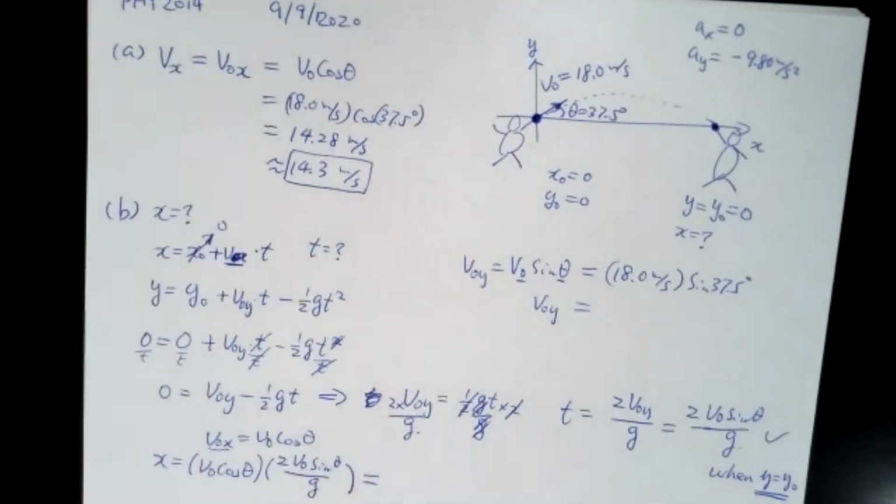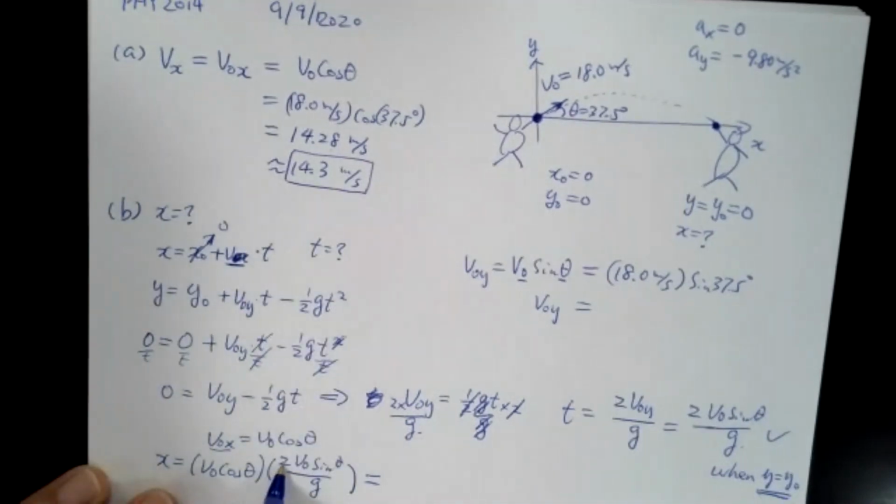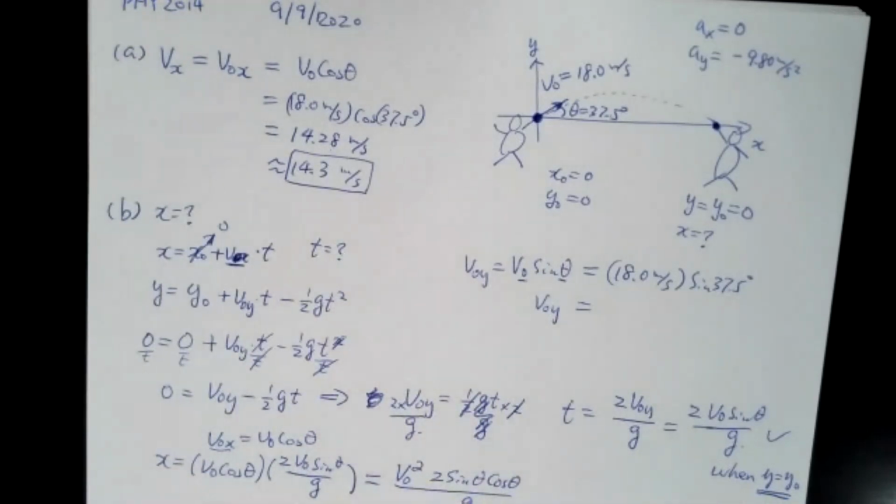So I'll get 2, and v0 and v0, which means v0 squared. So v0 squared times 2 sine theta times cosine theta, divided by g. I can rearrange my terms because they are being multiplied.